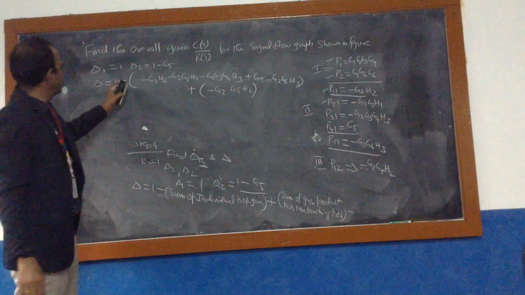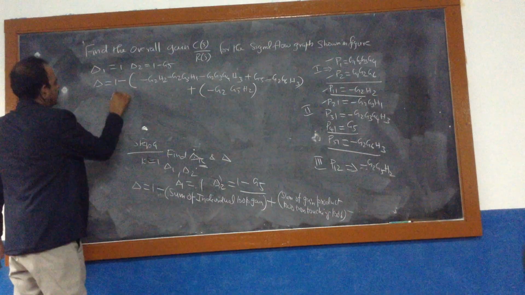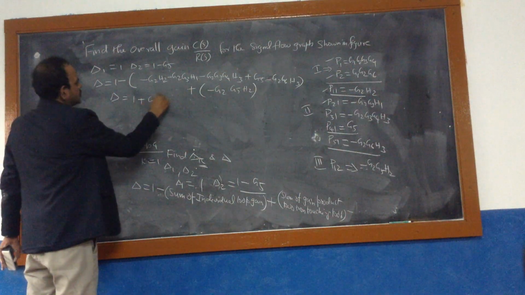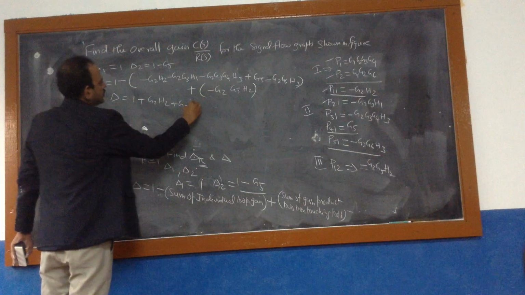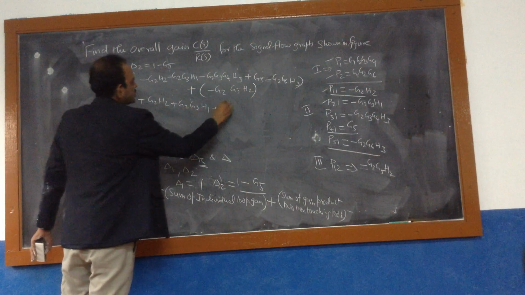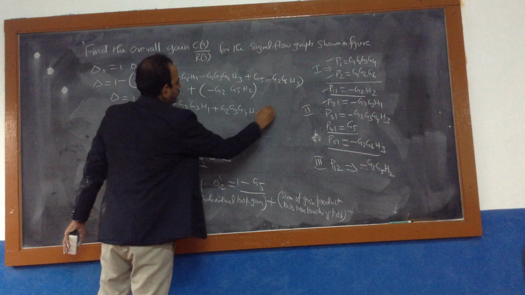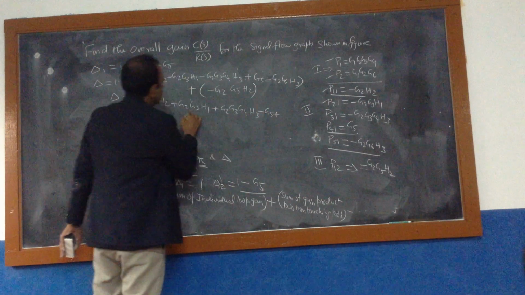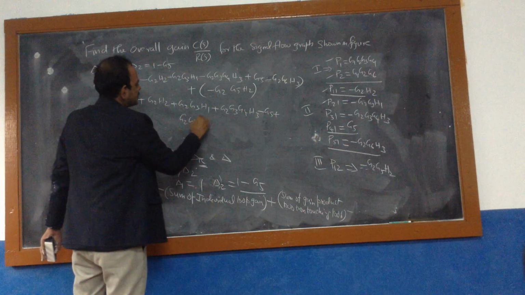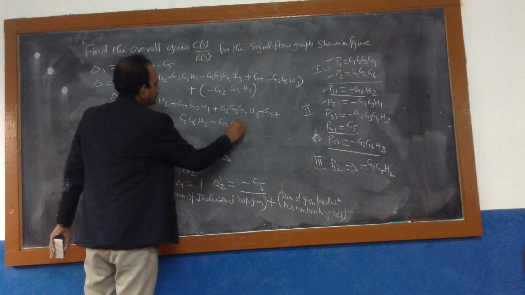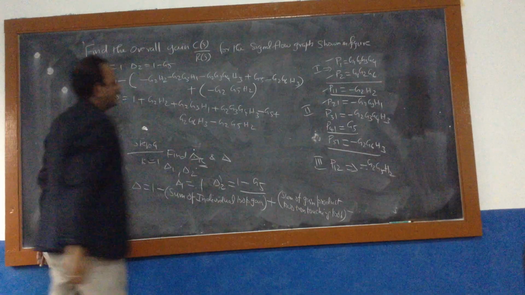Just take the minus inside. Then it equals 1 plus G2 H2 plus G2 G3 H1 plus G2 G3 G4 H3, minus G5 plus G2 G6 H3, minus G2 G5 H2. So this is the del value.